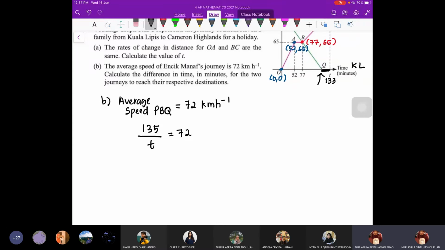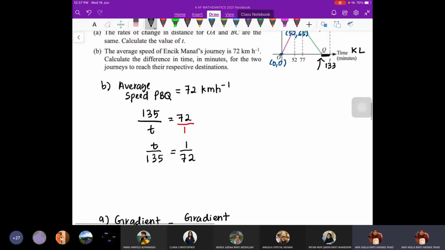So once again, t saya berada kat bawah. So cara yang paling mudah adalah jadikan dua-dua fraction, kemudian tukar je tempat duduk. Terbalikkan. So t over 135 equals to 1 over 72. And then you multiply with 135.